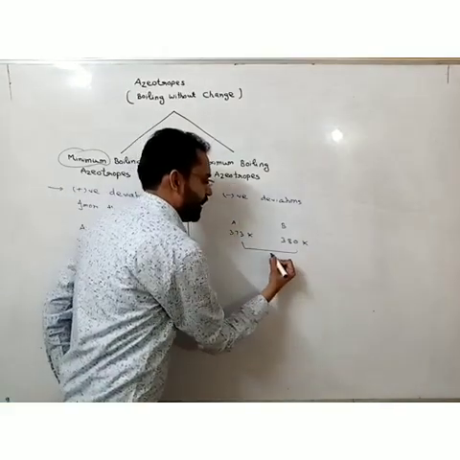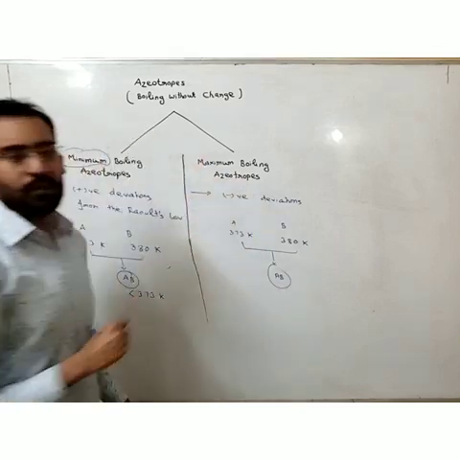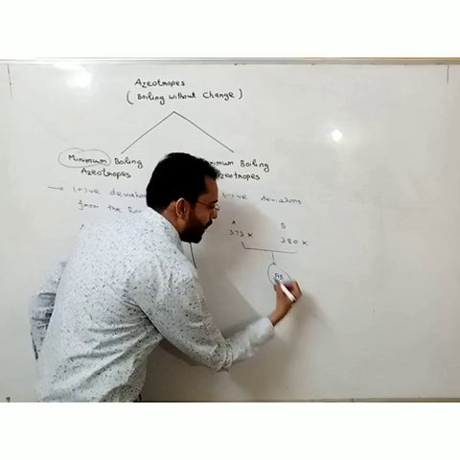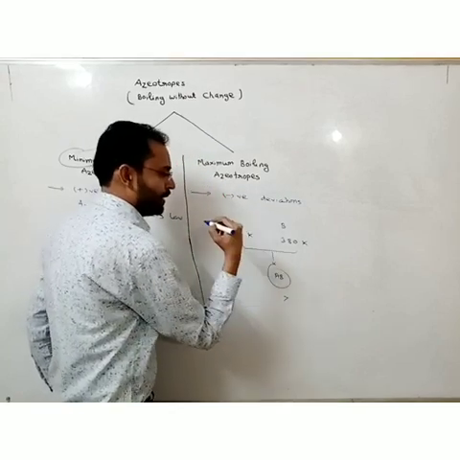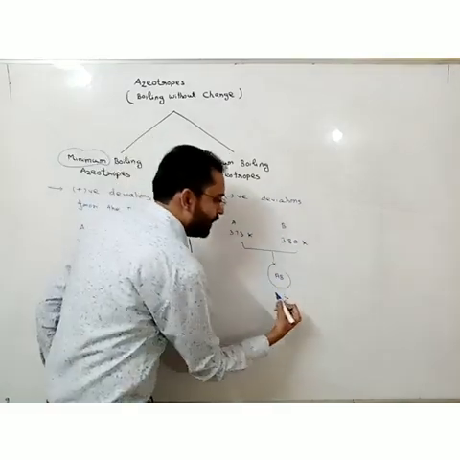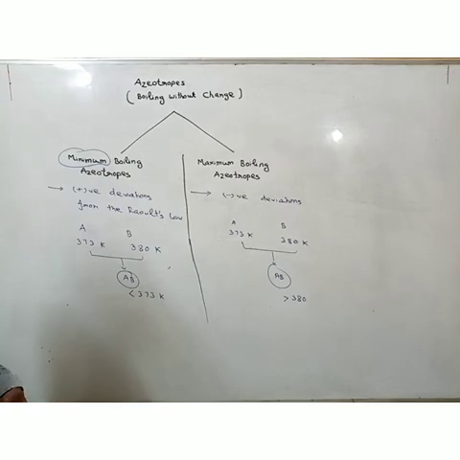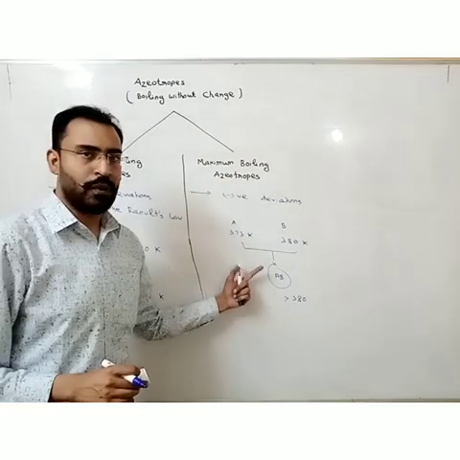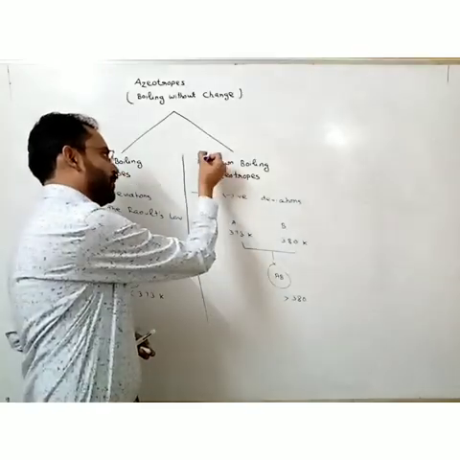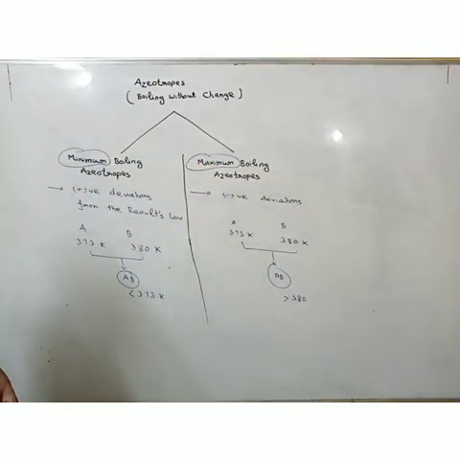Solvent and solute are mixed to form a solution AB. If it happens to be an azeotropic solution, then its boiling point will be more than 373 Kelvin. It will be more than 380 Kelvin. So the boiling point of solution AB will be more than the boiling point of the maximum boiling component. Therefore, they are referred to as maximum boiling azeotropes.